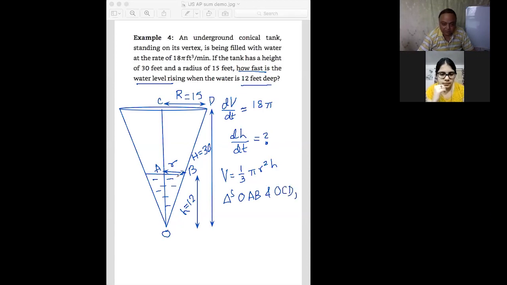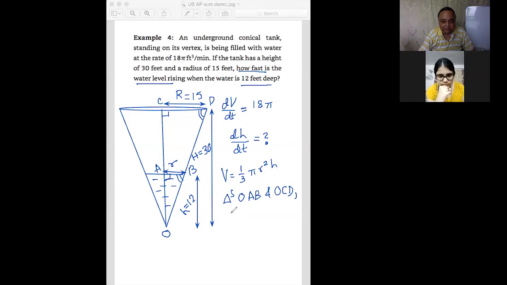Similar because both of them share the same 90-degree angle, a corresponding angle. Now, if you don't understand similarity, I'll take a class for that. But it's very simple. If you have two triangles which share two equal corresponding angles, then we can write the ratio of the sides to be equal.